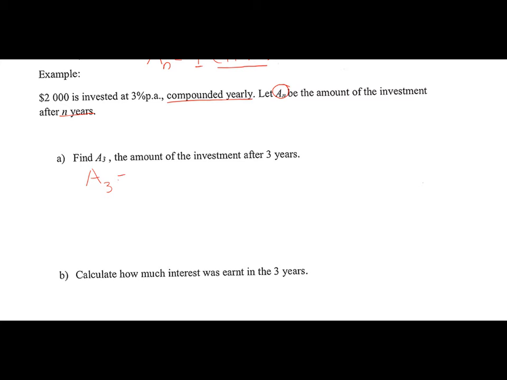A_3 is equal to the principal, $2,000, multiplied by 1 plus the interest rate, it has to be as a decimal, just like it did previously. So 3%, back up here, 3% is 0.03, and it's to the power of 3 because the investment has been made for 3 years.